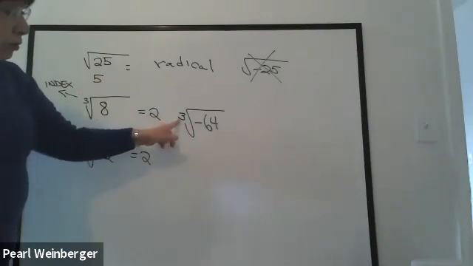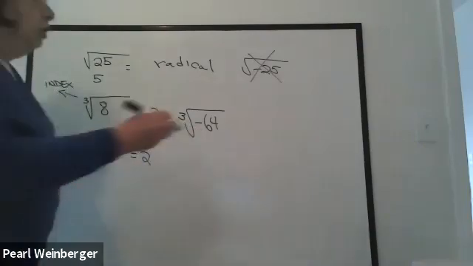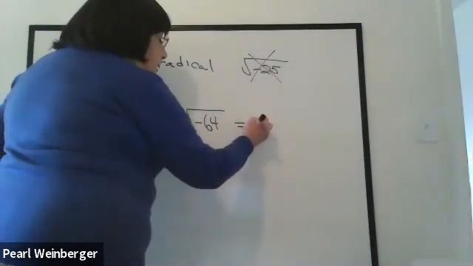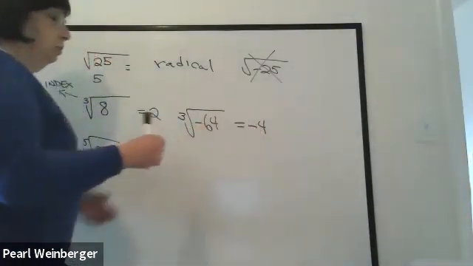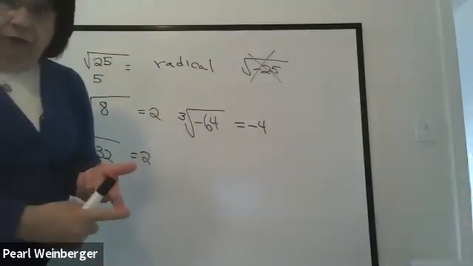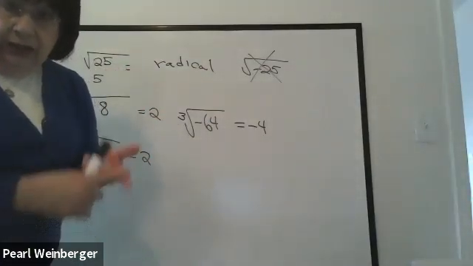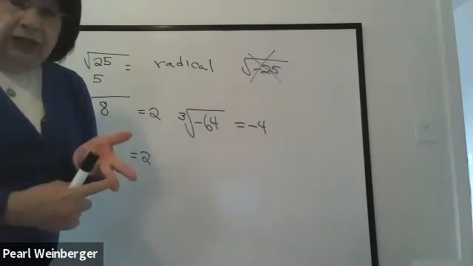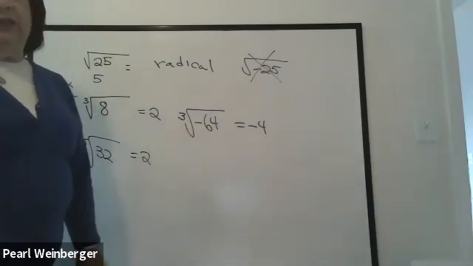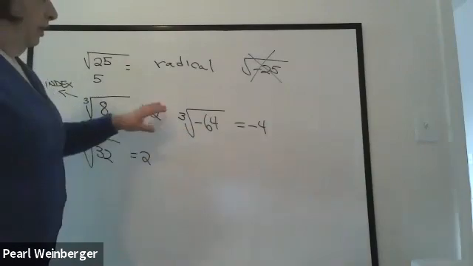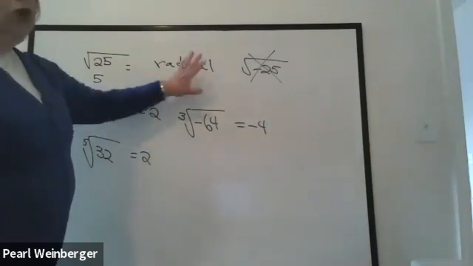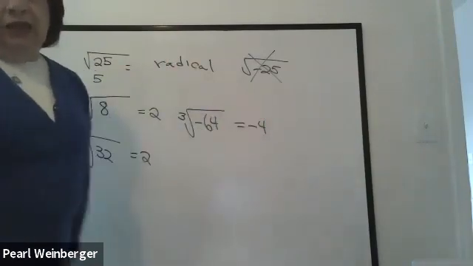The third root of negative 64 would then be negative 4, because when you take negative 4 times negative 4, it gives you positive 16, and positive 16 times negative 4 gives you the negative 64. So when your index is an odd number, you can have a negative inside.